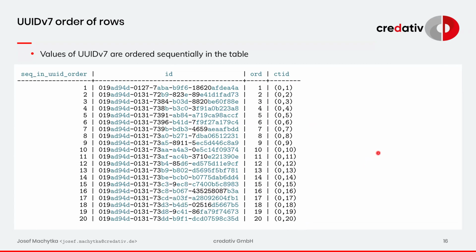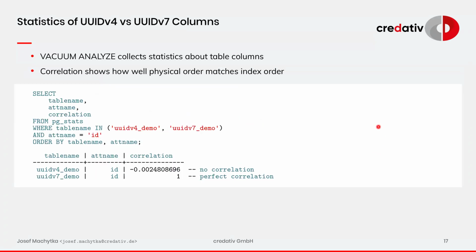So completely different situation. We can also look into statistics because we used vacuum analyze on both tables to collect statistics about that table. And there is this column called correlation, which shows how well those tuples are physically ordered in that table, how well they match index order.